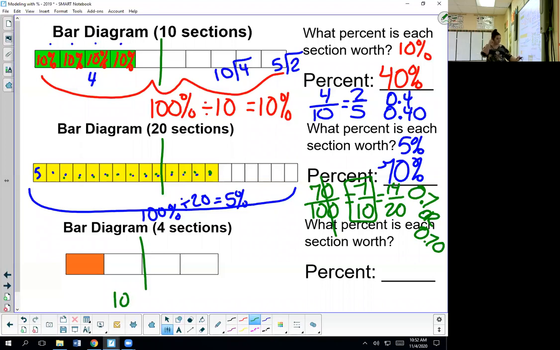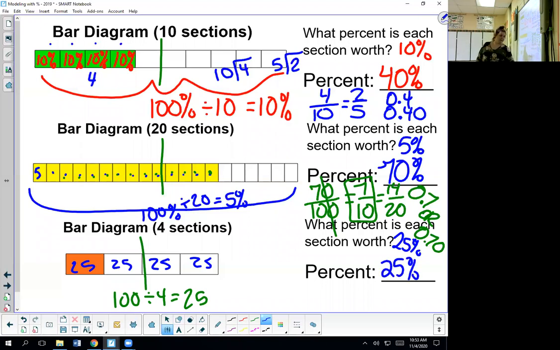Well, if the whole thing's 100 and I have 4 sections, that means that each is going to represent 25%. So this is 25, 25, 25, and 25, like quarters. Well, what's shaded in? 25%. Guess that one kind of gave it away.